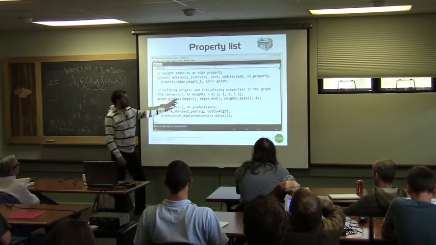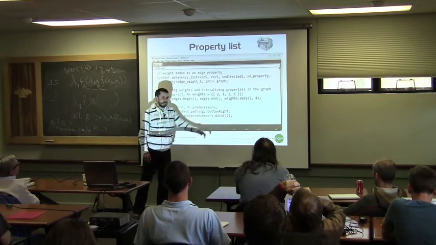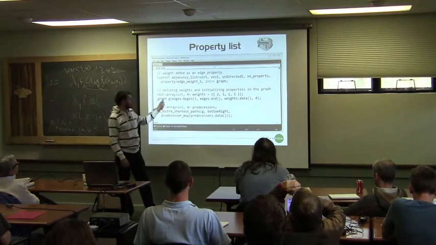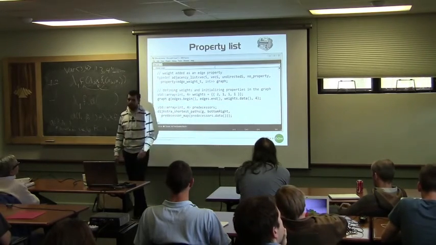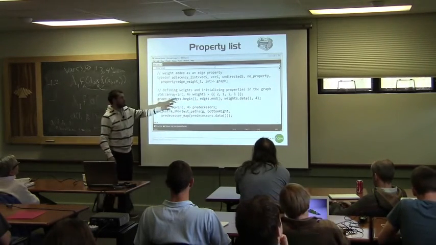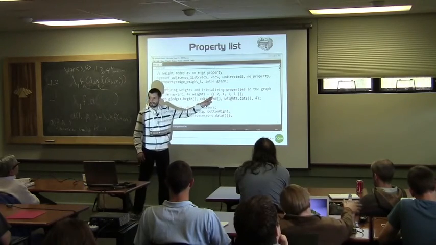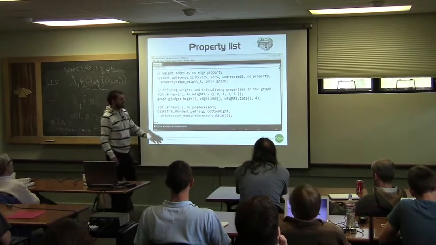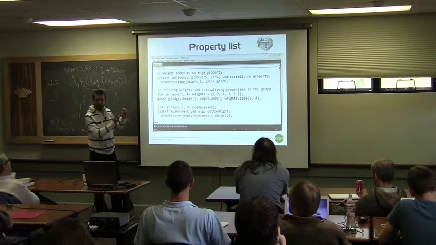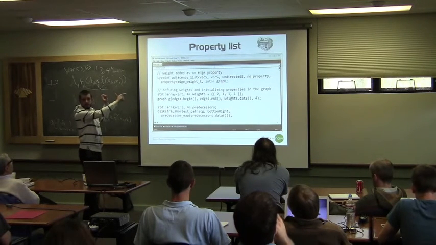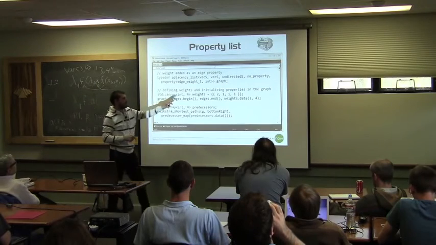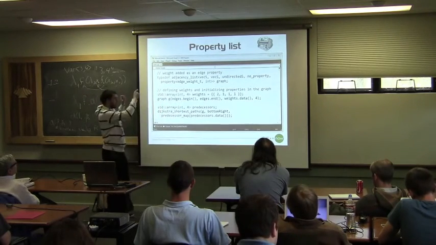And I can now pass in here another variable, namely an array, where I have defined the weights. So what this means is that the first edge in my graph has a weight of 2. The first edge was the one between the top left and the top right vertex. So this one here, to cross this edge, is now twice as expensive as crossing all the other edges in my graph.